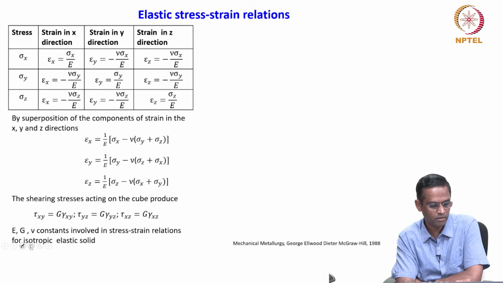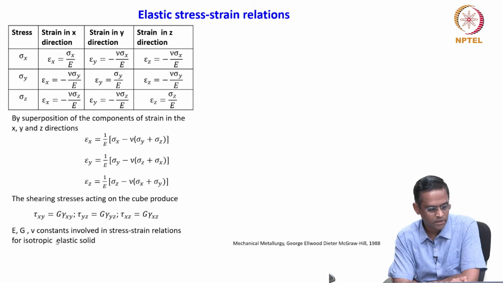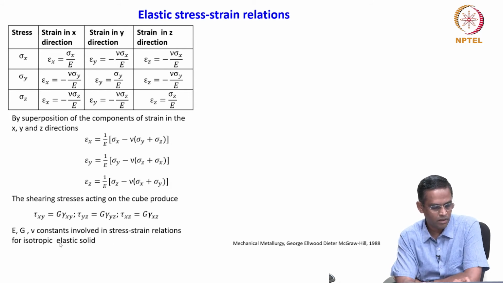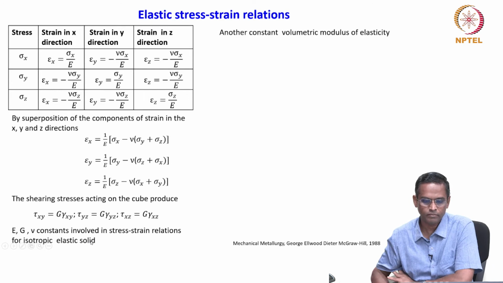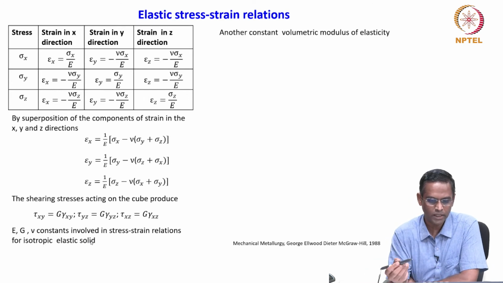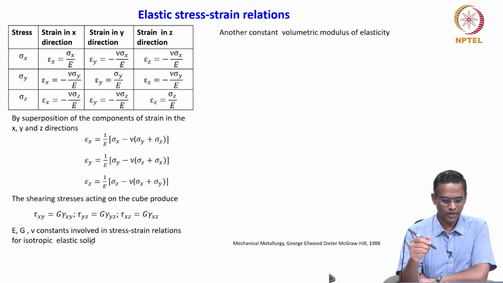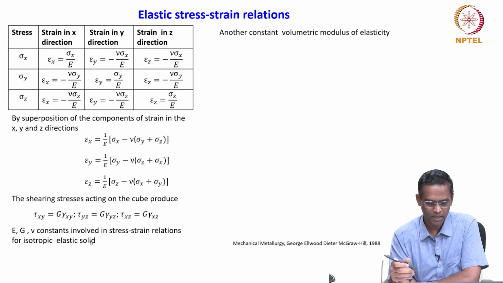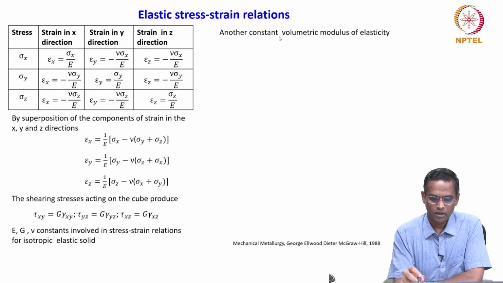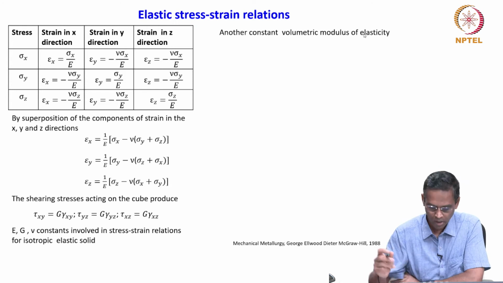Please understand, this is very important. These relationships are fully valid for isotropic elastic solids. And then we can now look at another relationship where these elastic constants appear. Another constant is the volumetric modulus of elasticity.